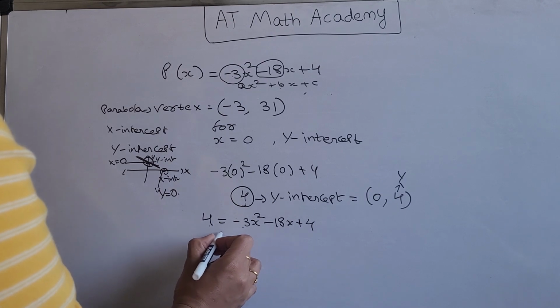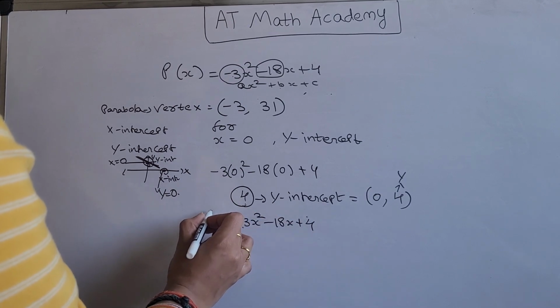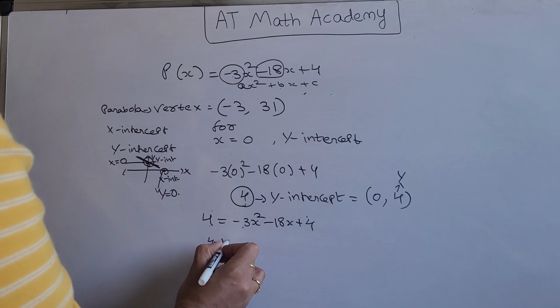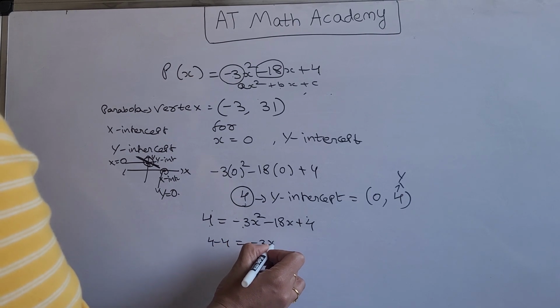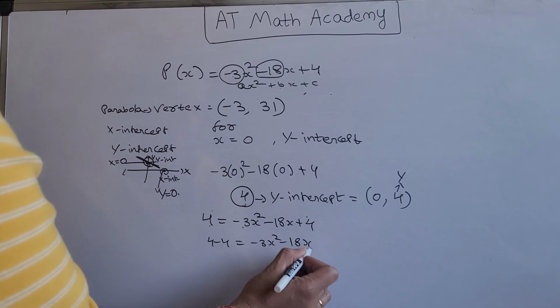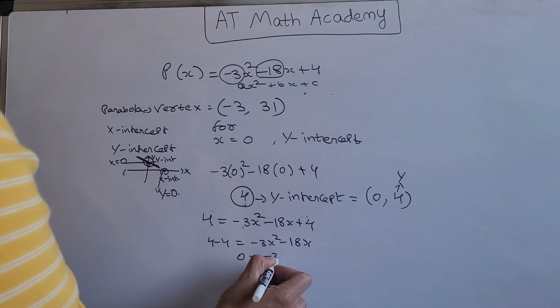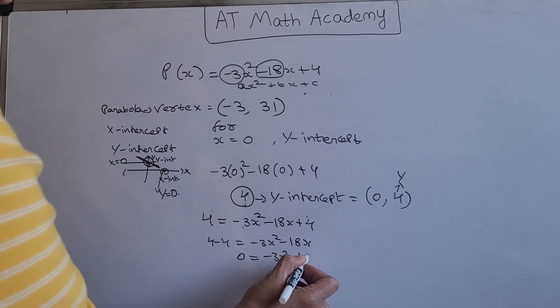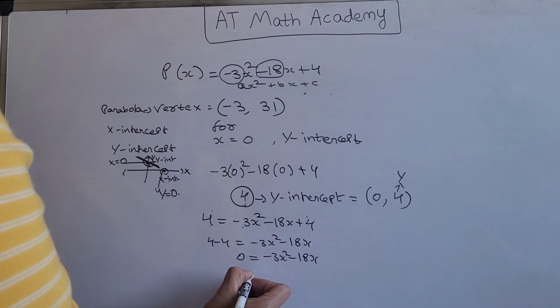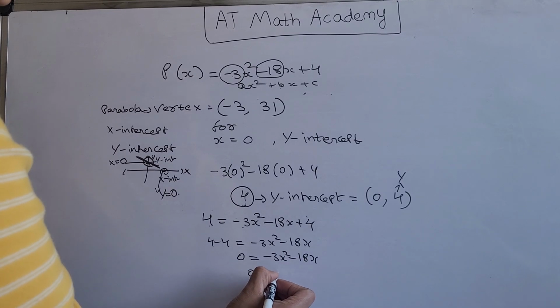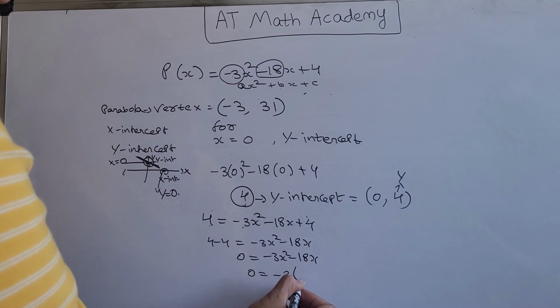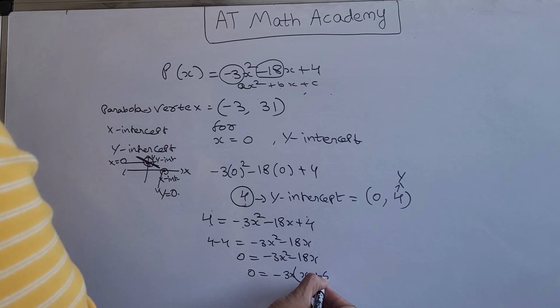Then when I move the 4 to the other side, 4 minus 4 is equal to minus 3x square minus 18x, which is 0 is equal to minus 3x square minus 18x. So here when you observe, 0 is equal to minus 3, I can take it as common, minus 3x, and here I get x plus 6.